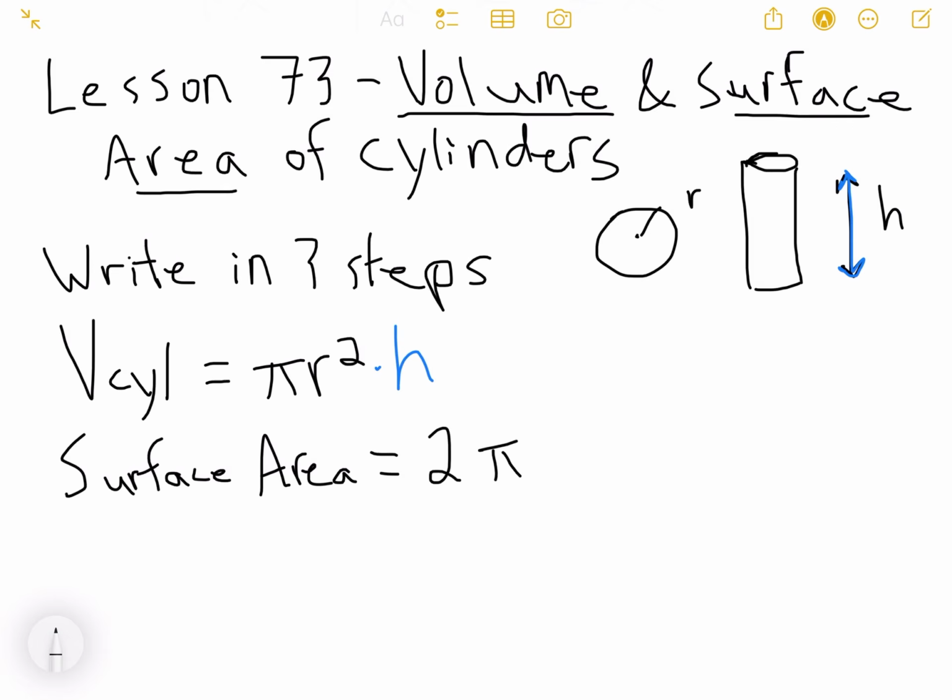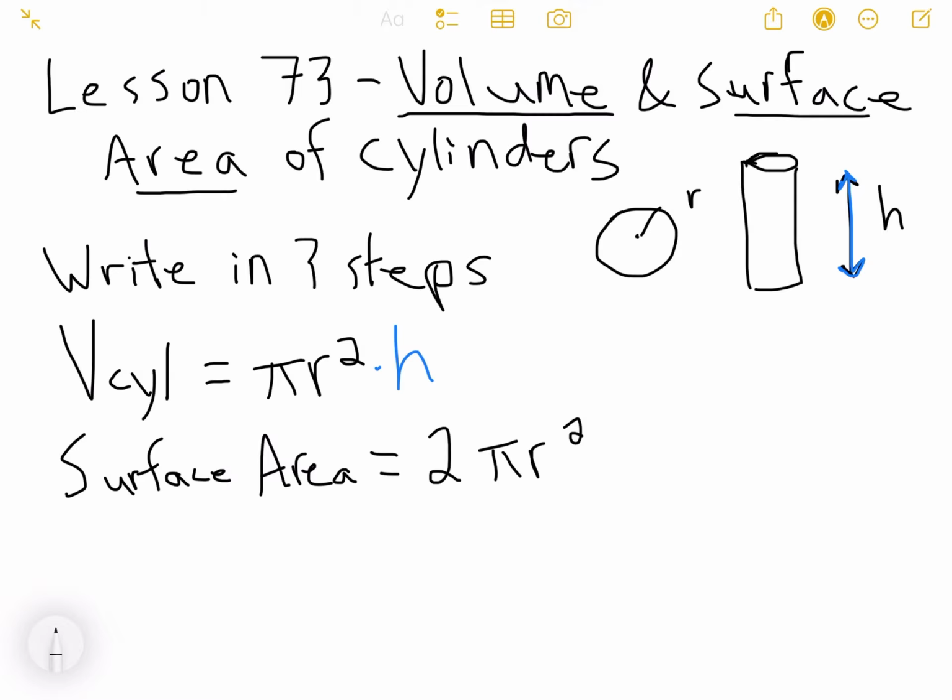Because I just did pi r squared above for volume. For this one, I'm doing the area of the top of the cylinder and the bottom of the cylinder. And then I have to add the side area.